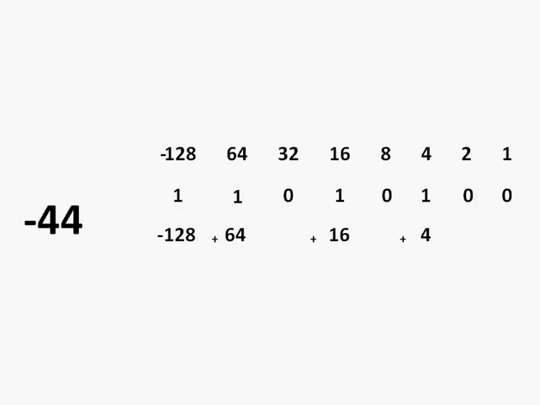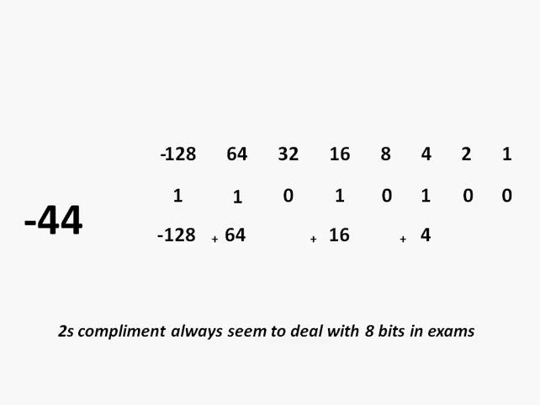Now this one comes out at minus 44, and one thing to remember here is, well, just note we've used 8 bits again. You can do 2's complement with less or more than 8 bits, but in exams 2's complement only always seems to deal with 8 bits, so we'll concentrate on 8 bits in our examples.